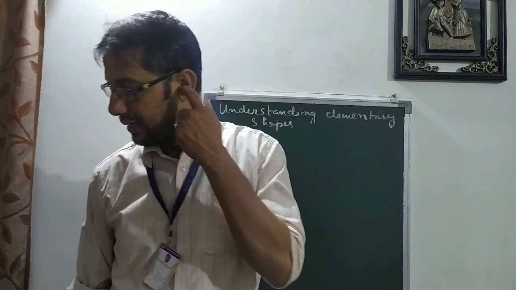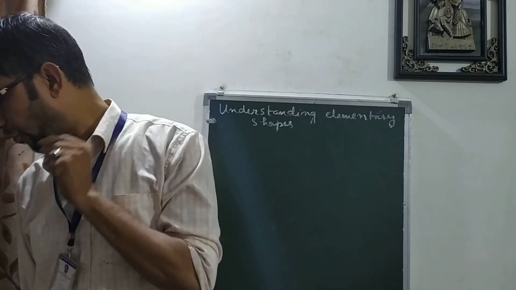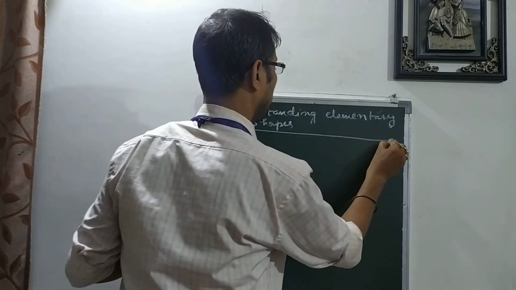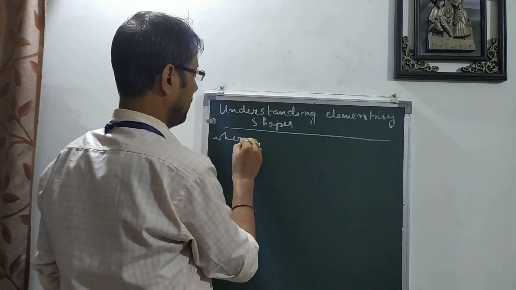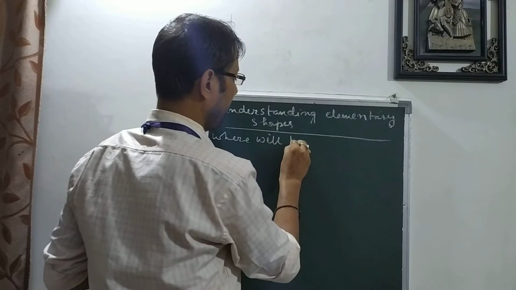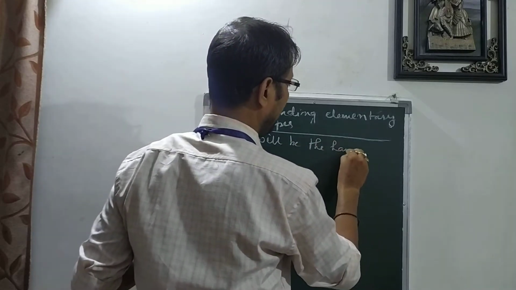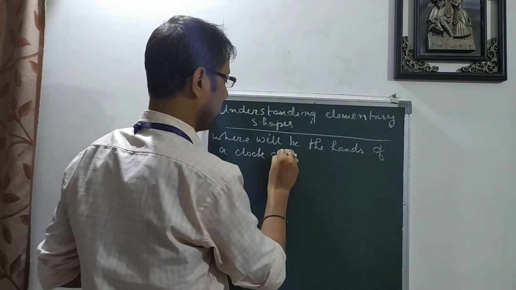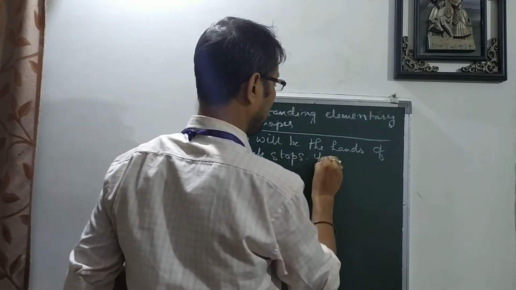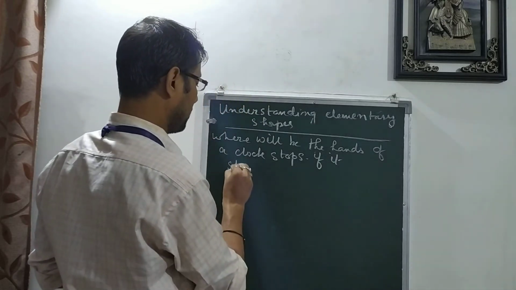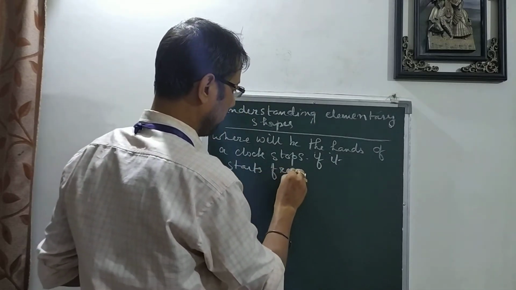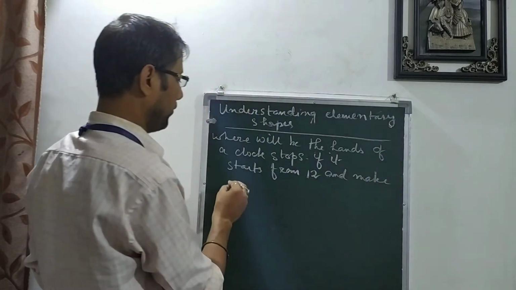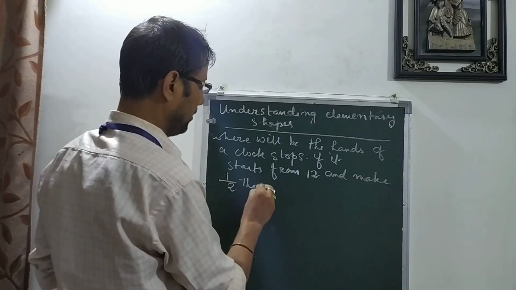In question number 2, it is said: where will the hands of a clock stop if it starts from 12 and makes half the revolution?